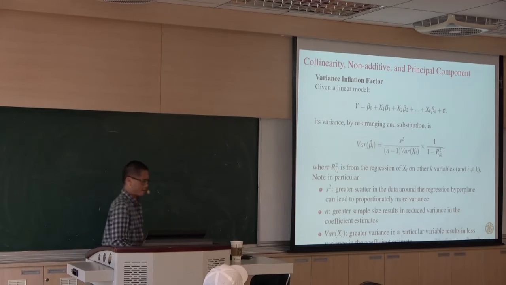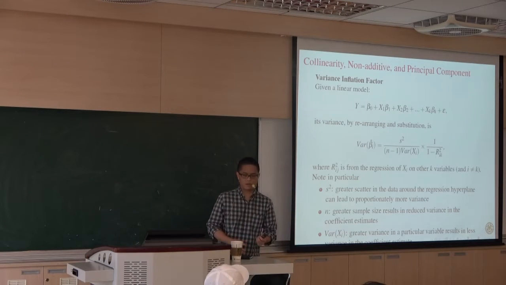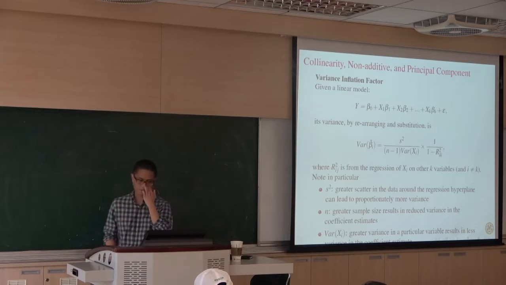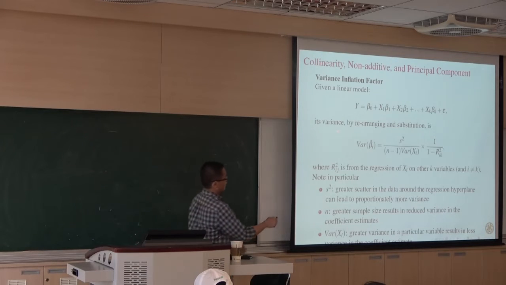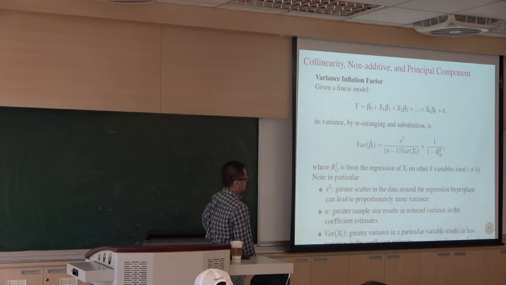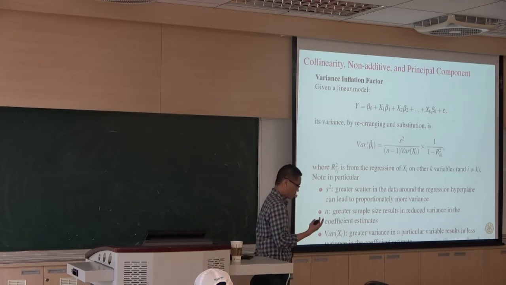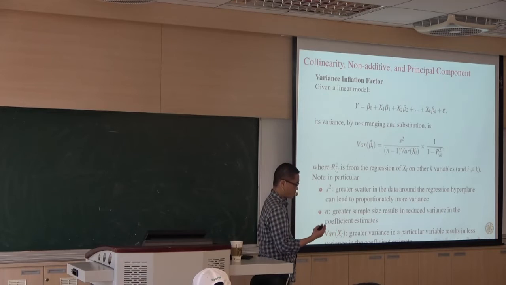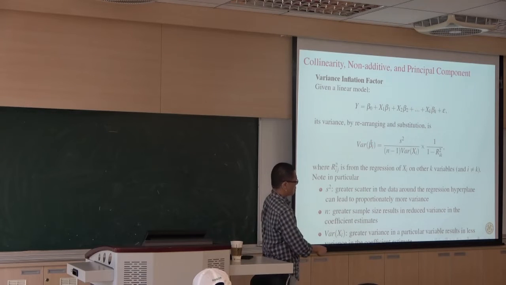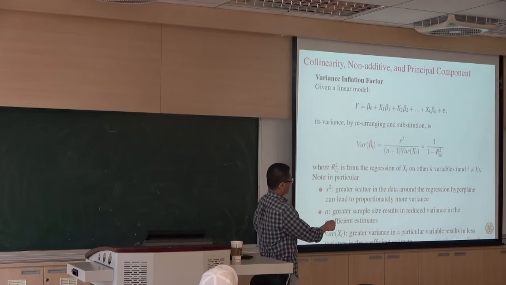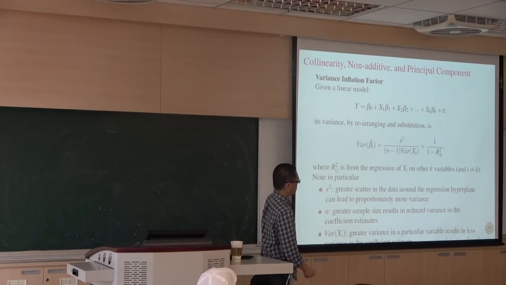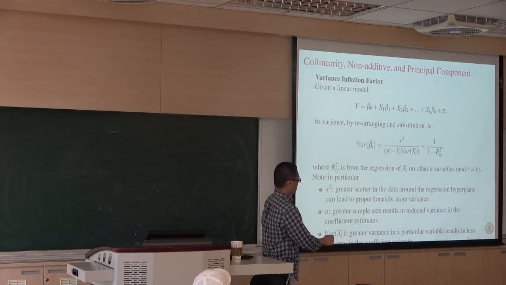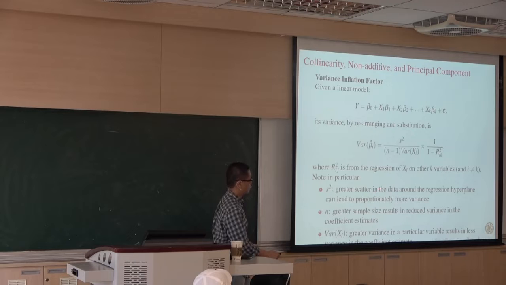So here I provide a measurement for that, called the variance inflation factor. Given the linear regression model, given the specification, the variance of the estimate for one of the variables, say beta i hat, is measured by a multiplicative term, this following component.